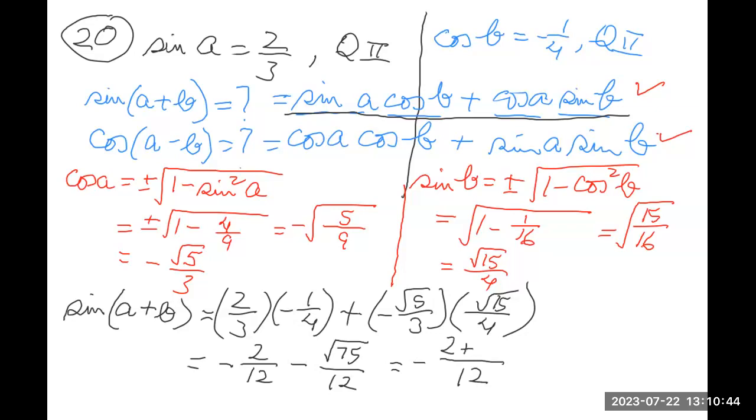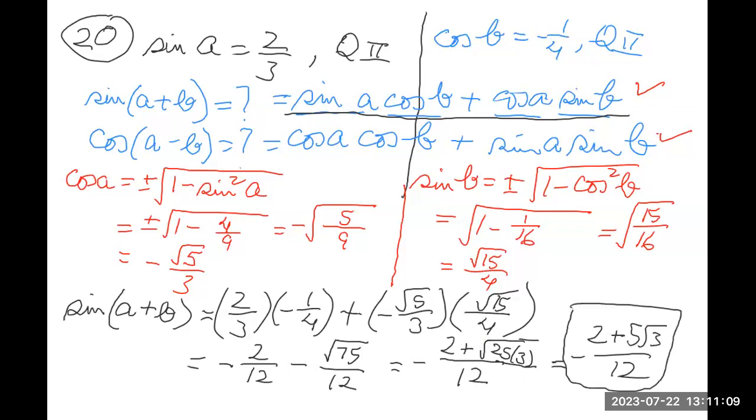And think of root 75 as root 25 times 3. And you can take the square root of 25 and bring it outside. So this is negative 2 plus 5 root 3 over 12. So that is what sine of A plus B is.